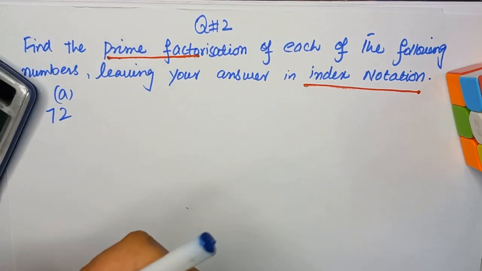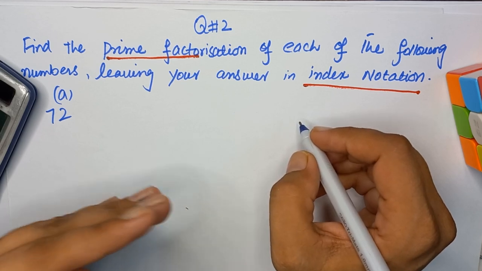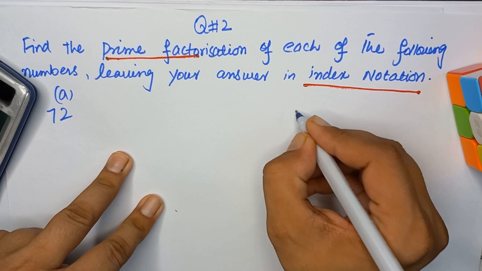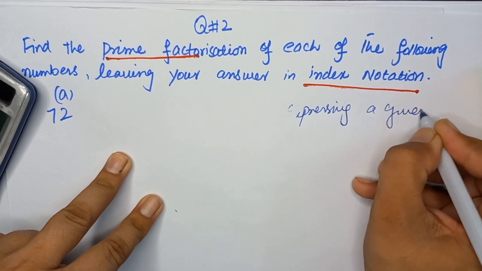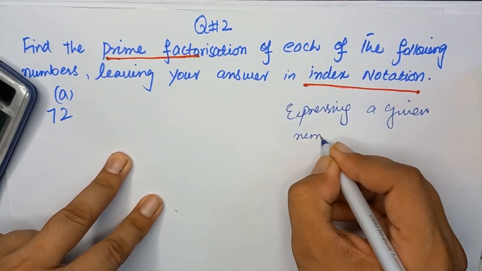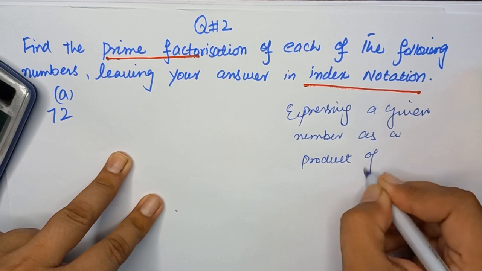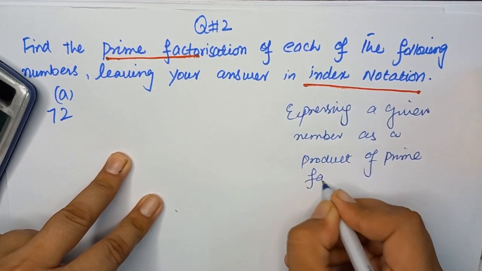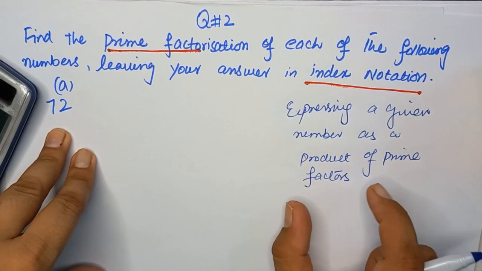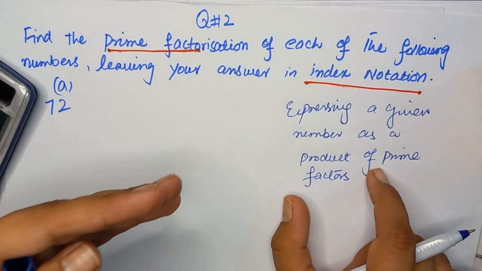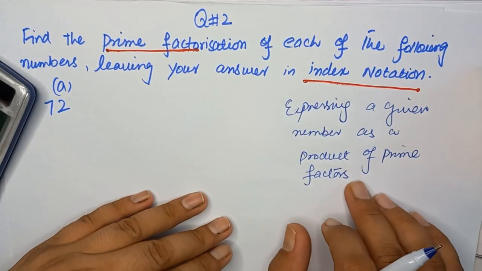So prime factorization is expressing a given number as a product of prime factors. यानी कि आपको गिवन नंबर को प्राइम फैक्टर्स के प्रोडक्ट में लिखना है. मीन टू से यू हैव टू फाइंड द प्राइम फैक्टर्स फर्स्ट. दिस इज द मेथड वी कॉल द प्राइम फैक्टराइजेशन, by finding the prime factors.